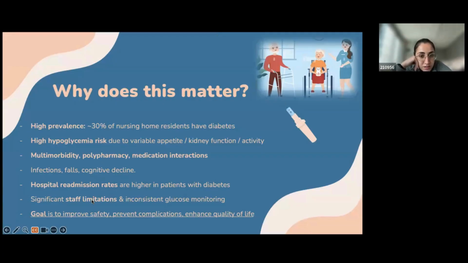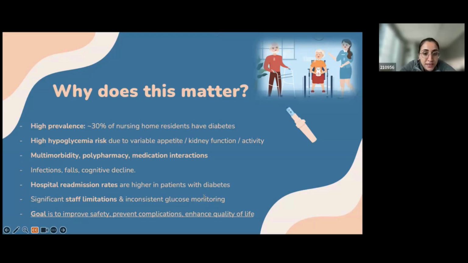And then additionally, on top of that, many residents have multiple chronic conditions leading to polypharmacy, complex medication interactions. And these factors increase the risk of both hypo and hyperglycemia, as well as complications like infections, falls, and cognitive decline. We also know that hospital readmission rates are significantly higher for nursing home residents with diabetes, adding to the burden on both the patients and the healthcare system altogether.